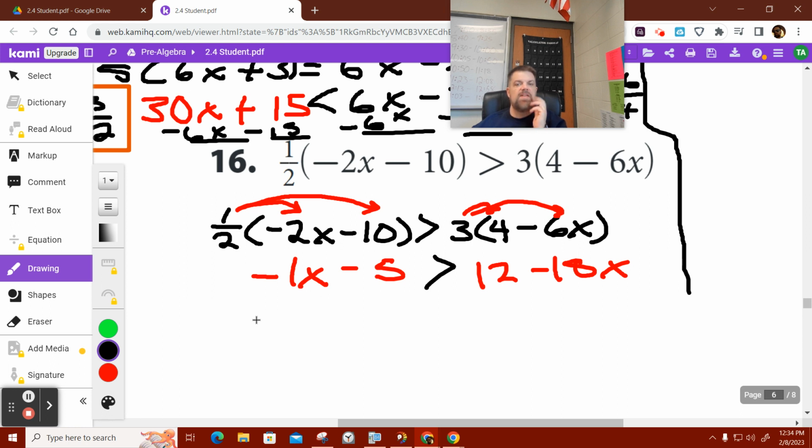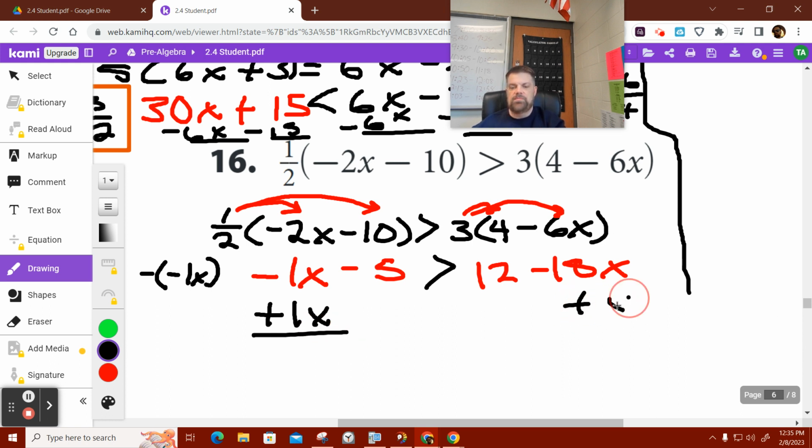Add 1x. Now, technically what you're saying is not wrong. You could think of it, you are subtracting, but what are you subtracting? Negative 1x, right? When you minus a minus, what's it become? Plus, right? So you're not wrong.